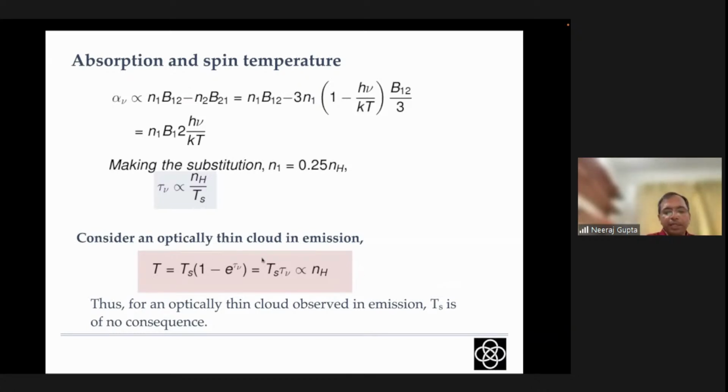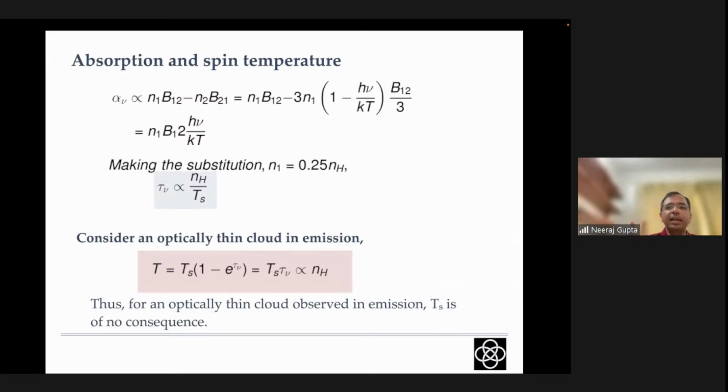And since it is optically thin, the simple picture is that any atom that goes from the excited to the ground state radiates a photon, and I will receive that photon, right? Since it's optically thin, this photon is not going to get absorbed within the cloud. So, from simple atomic physics, it's fair to anticipate that in such a scenario, the number of photons that I receive will be directly related to the total number of atoms which are present, with some proportionality constants.